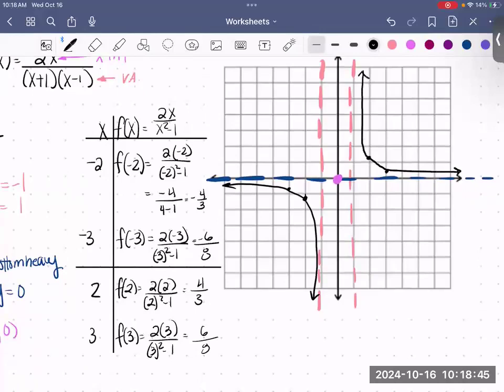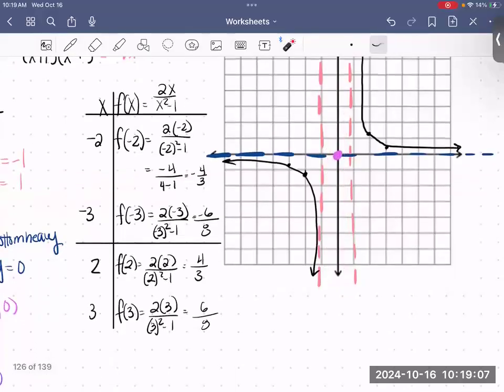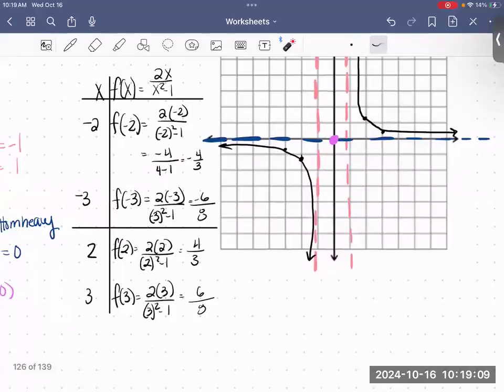And now we need to figure out some points in the middle. Okay, is it going to be going down like this, or are we going to be going up? Or maybe we just kind of touch and go back down. Now this does require us to plug in a negative and positive fraction. So we're going to plug in, maybe let's do a +1/2.